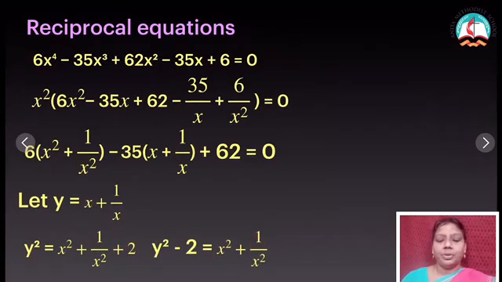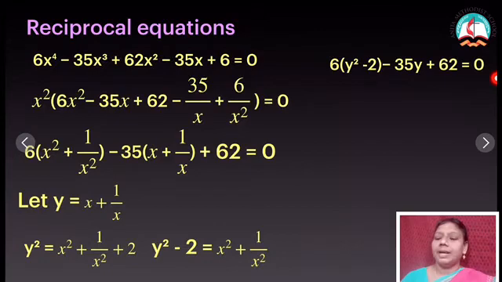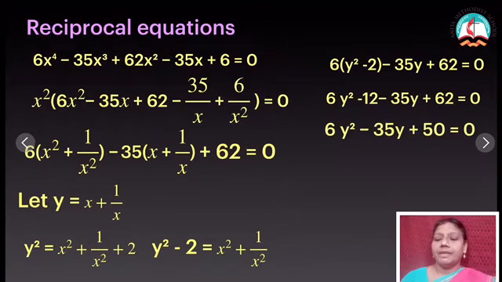Now I am going to substitute that in the given equation. If I substitute that, I will get the value like this. I can multiply it. Now I am getting a quadratic equation. If I solve this quadratic equation, I can get the value of y. Then I can substitute the value of y over here, then you will get equations in the form of x. You can solve it. This is a model of reciprocal equations, right?